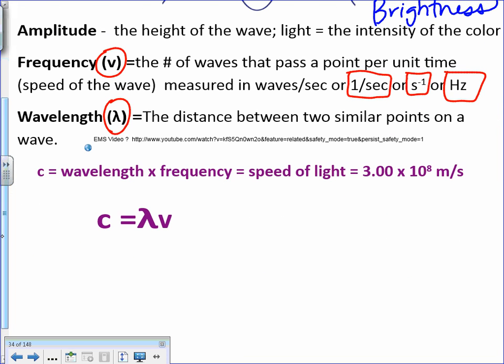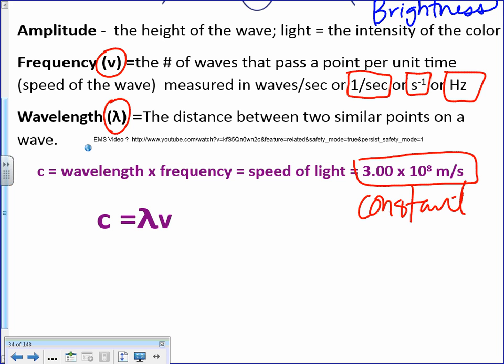Speed of light is 3.0 times 10 to the 8th meters per second. And that is a constant, meaning it does not change. The speed of light is the speed of all energy in terms of meters per second, because all energy will travel at that speed, but the wavelengths and frequencies of that energy will change.